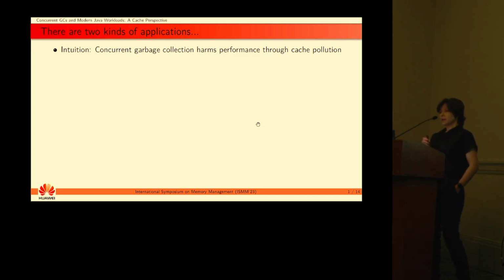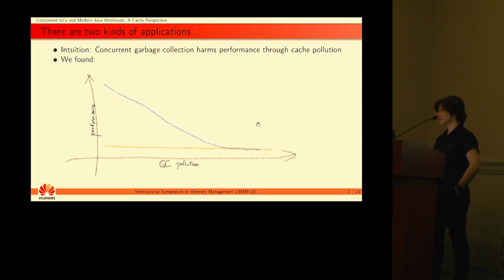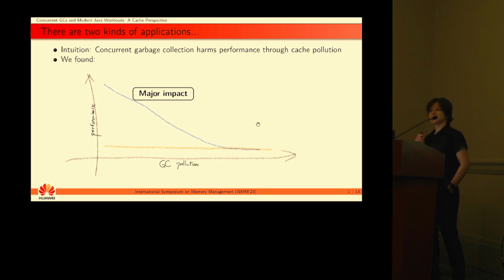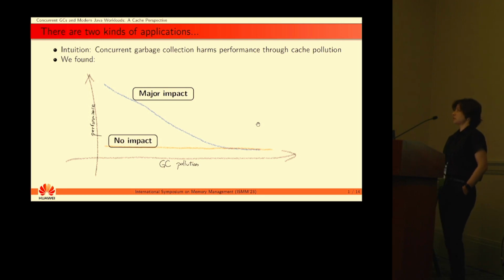However, in this work, we found out that actually there are two kinds of applications that exist. Applications that see an important impact from a concurrent GC working at the same time as them, and applications that just don't feel anything from this perspective.